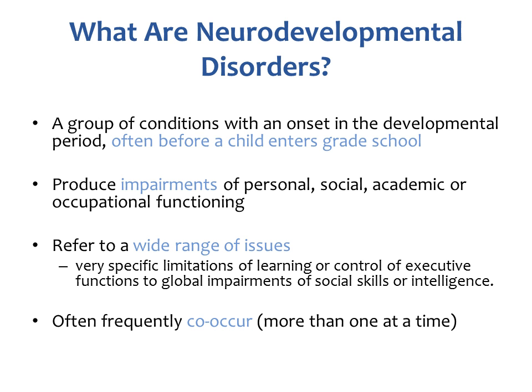I mentioned learning disorders, but also things you may have heard of, like executive functioning, which means your ability to plan and organize information, and global impairments of social skills or intelligence. Sometimes we think about that as things like autism, which I mentioned earlier, or intellectual disability, which used to be called mental retardation. And the thing that's important to remember is some of these things co-occur. That means you might have more than one thing going on at one time. And in fact, frequently that can happen.